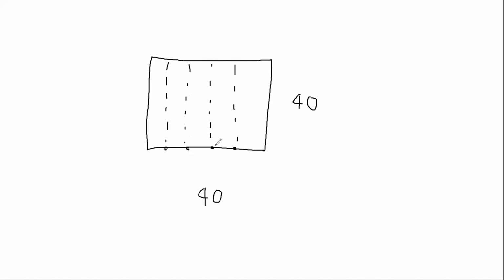One, two, three, four, five. So these are 8 meters apart. So we would have our purlins spanning that way.